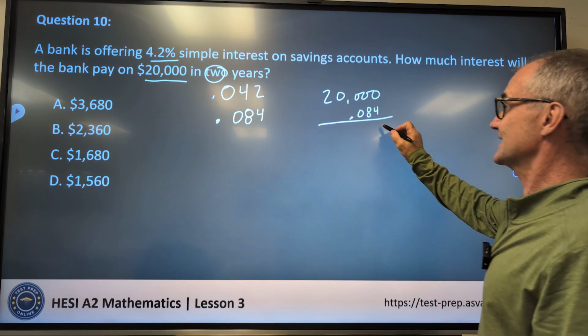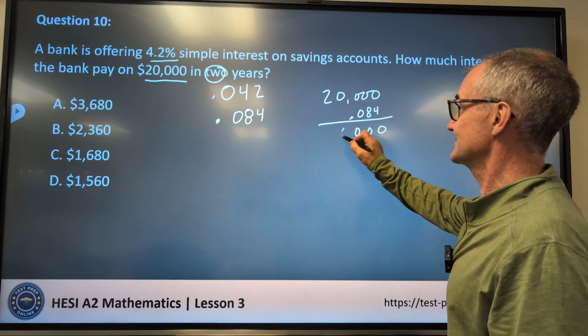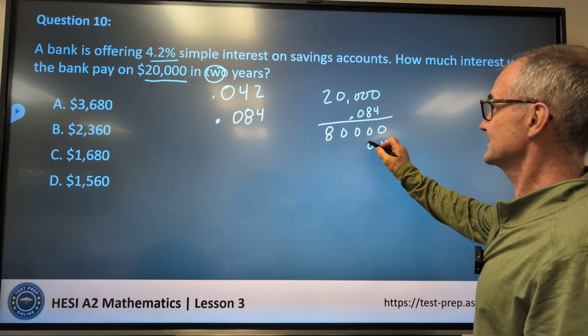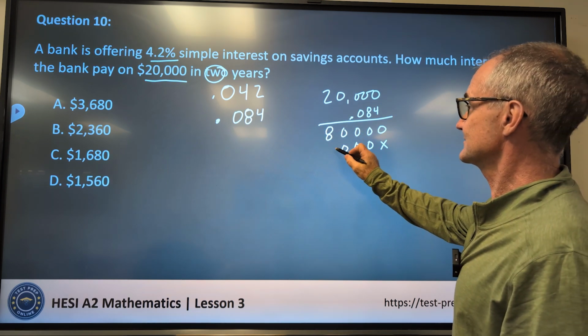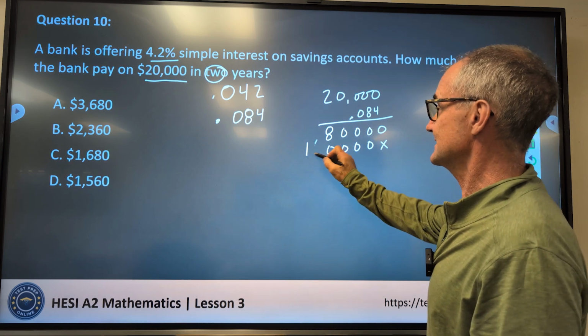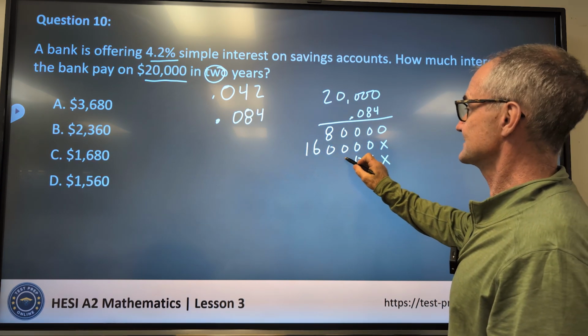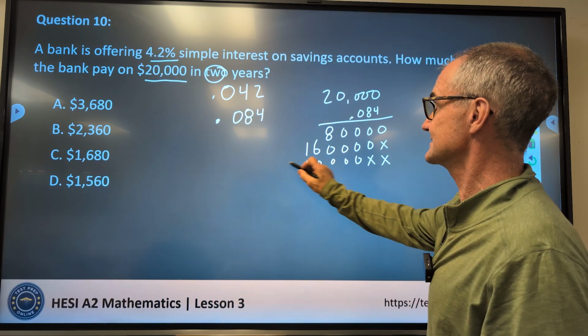Okay, so let's multiply it out. 0, 0, 0, 0, 8, placeholder, 0, 0, 0, 0, 16, double placeholder, 0, 0, 0 all the way across.